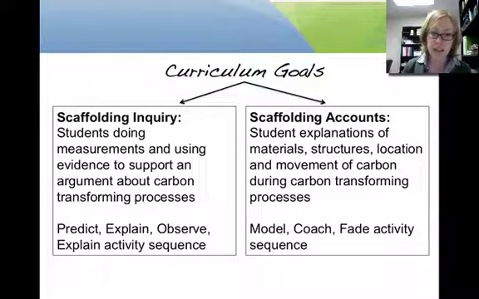And in the units, the account activities are structured by what we call a model, coach, fade activity sequence, which starts with highly scaffolded activities and fades into more responsibility to the student for their explanations. We'll talk much more in subsequent workshops about the activity sequences and what they indicate to you as a teacher for each particular activity.